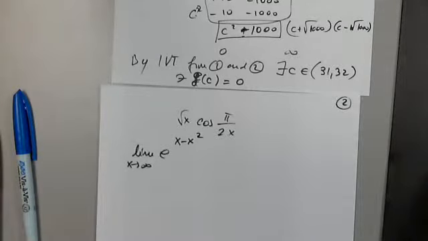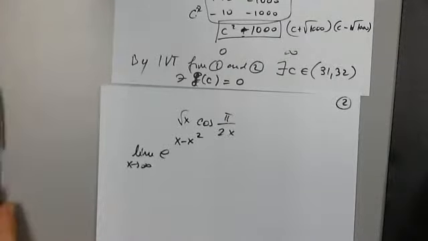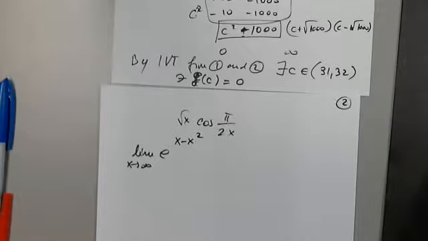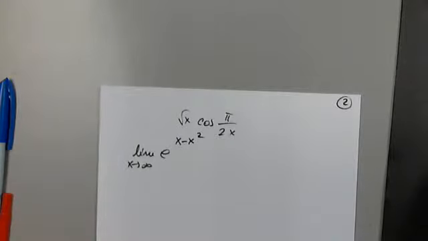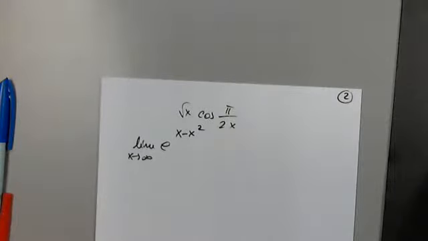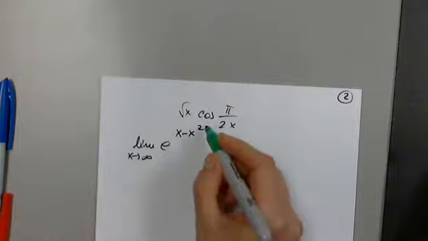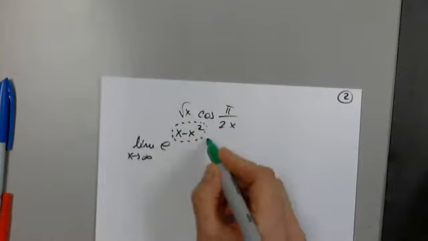Where do we start? What do we do? This is a limit of a function. It's actually a function composition. There is an inner function and an outer function. Where do we start? The inner function, very good. So when x approaches infinity, where does this go? Just this.